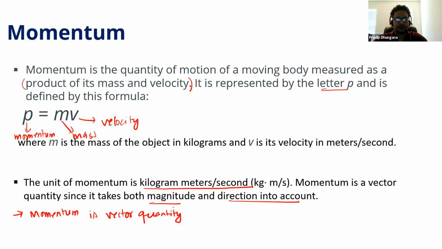And all energy, kinetic and potential energy, is a scalar quantity. We do have one question in your mastery test that is about momentum and energy, so we need to go through it. Energy is a scalar quantity.